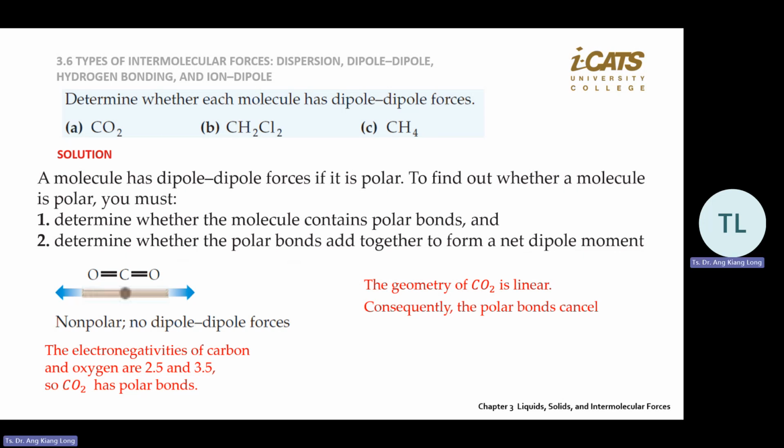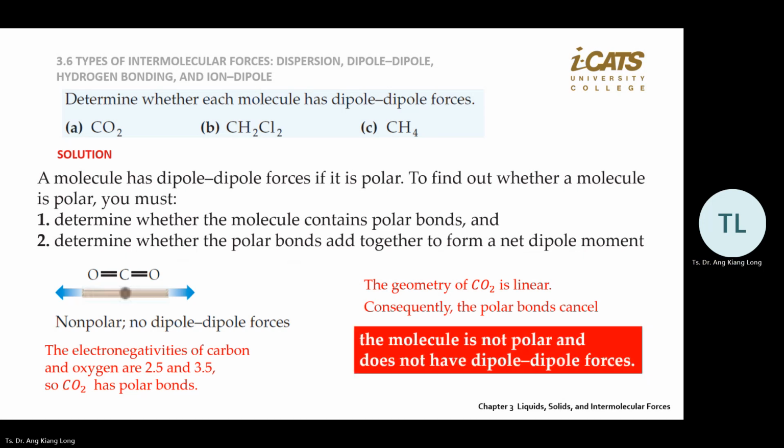Then the polar bonds cancel. So here, polar bonds means C and O. Between the two elements, C and O have polar bonds. But when you combine CO2, the net is 0. So the molecule is non-polar and does not have dipole-dipole forces.